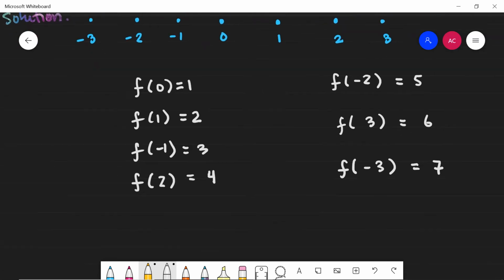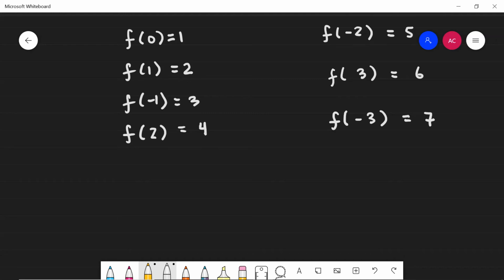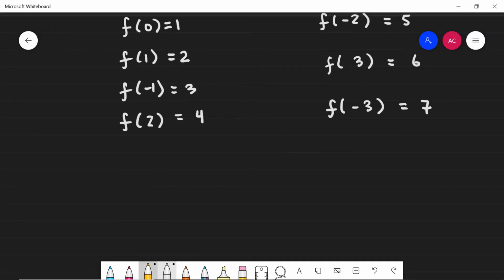Okay, so what you can do is try to give a general formula for the function. Let's try to do that here. So f of x. How do I define f of x? Now it is going to depend on whether x is negative or positive. If x is positive, then you're just taking twice x, unless you're at 0.